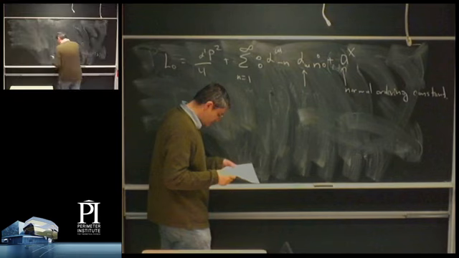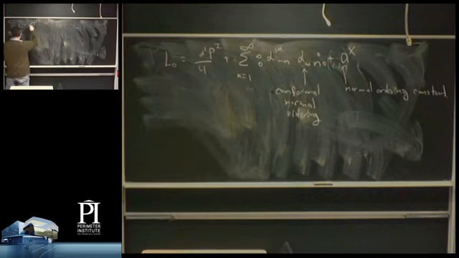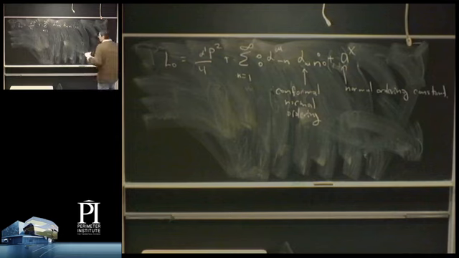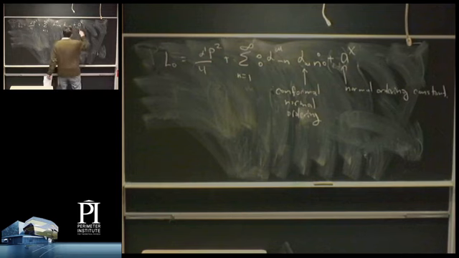For L equals 0, I can write down alpha naught squared over 2 plus the sum over n equals 1 to infinity of alpha minus n alpha n, plus a. So this is a normal ordering constant.